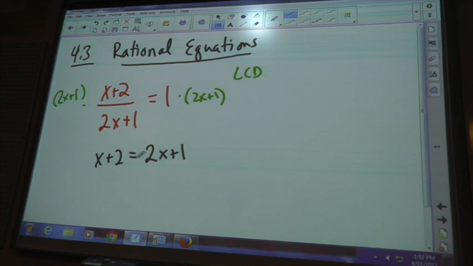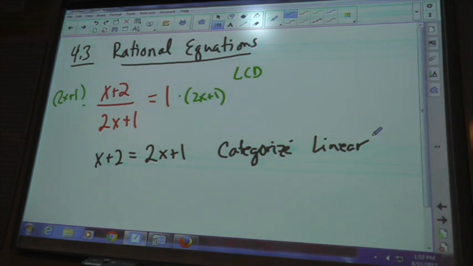Now we look at it right away and we say, let's categorize. What type of problem is this? What degree? 1, right? This is linear. Can you guys solve linears? I don't know. The last test. Of course you can, right? All right, I might as well just keep solving it, just in case.